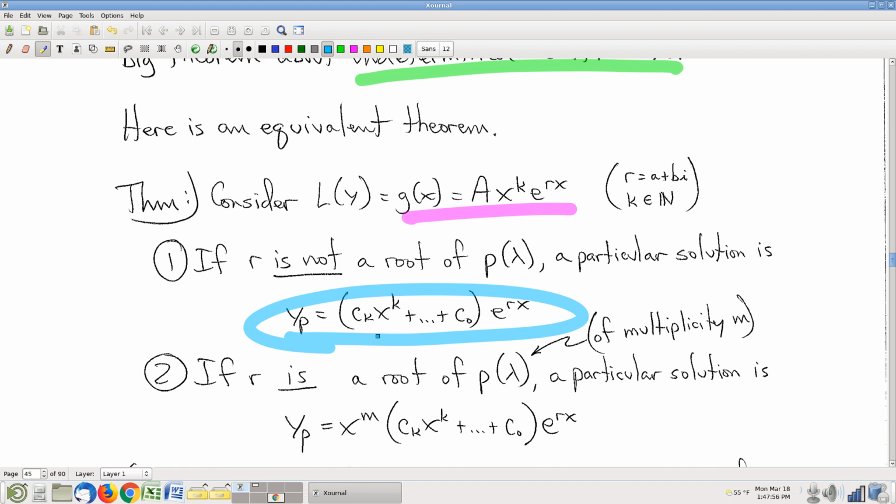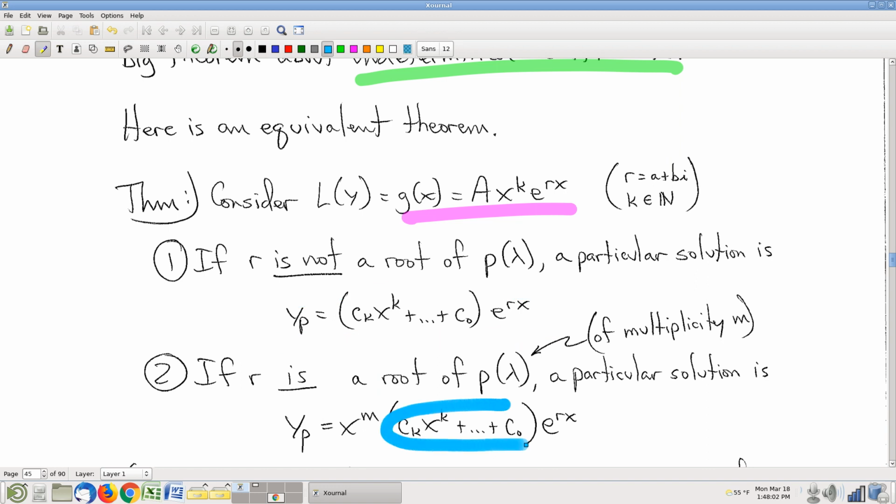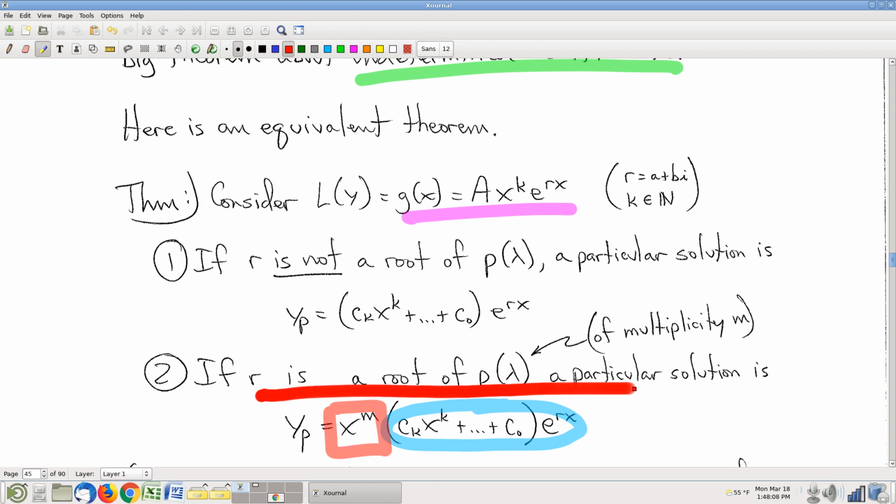I'll talk about the differences in a moment. And then we further discussed that you take that naive guess and multiply by x to the m if R is a root of multiplicity m of your characteristic polynomial. So we never really proved either part of this theorem. Never proved part 1, never proved part 2.